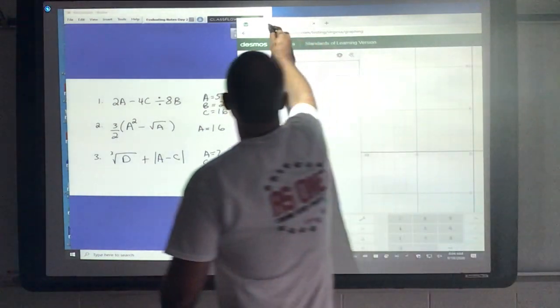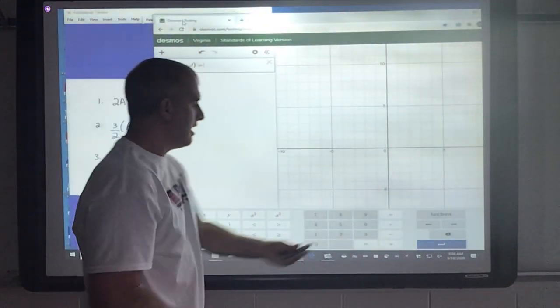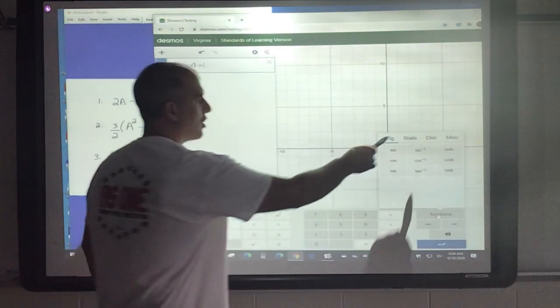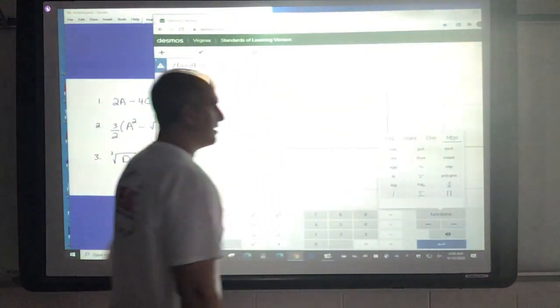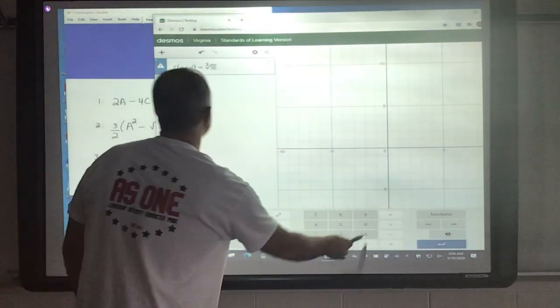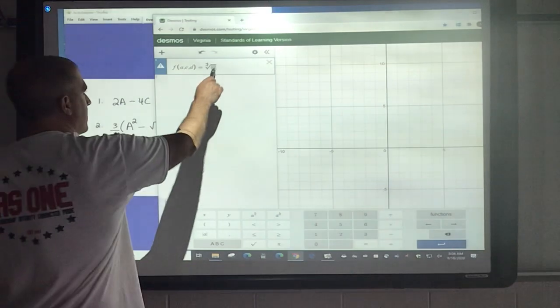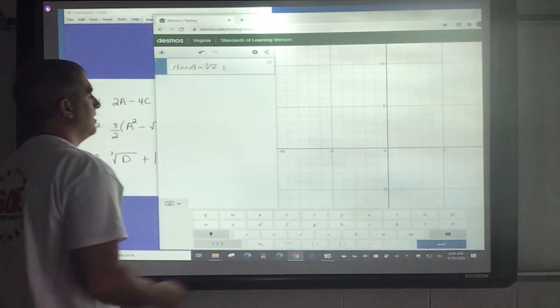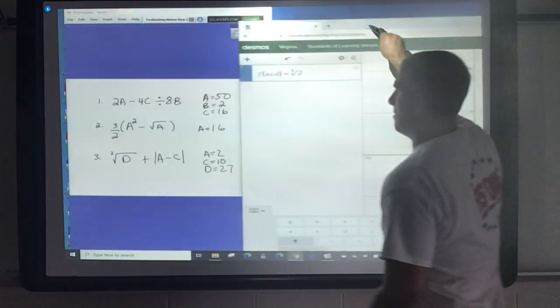Now, what you're going to want to do with cube root is select functions over here, go to miscellaneous, and this little n thing is the cube root. So I can put a 3 for the cube root, then I can click into there and put my letter of D. That's how you do that.